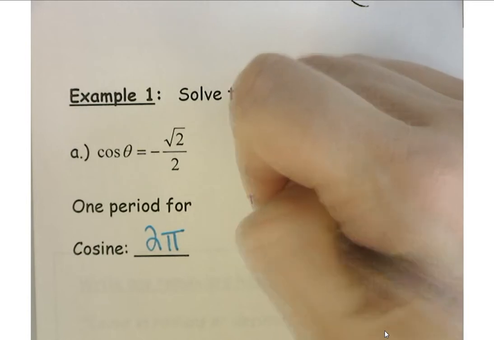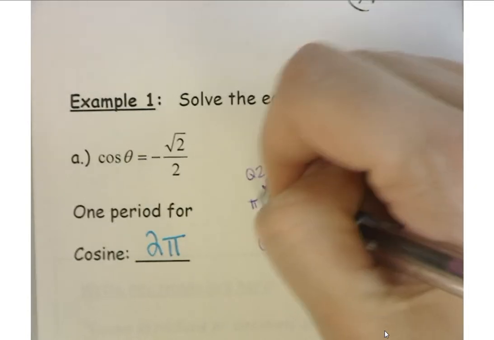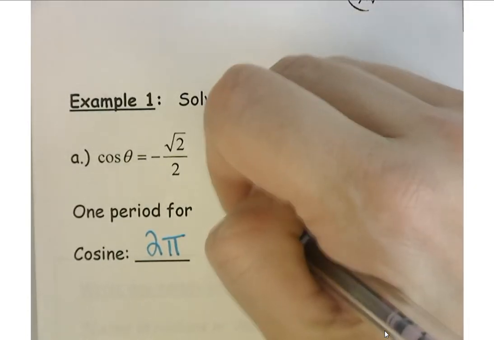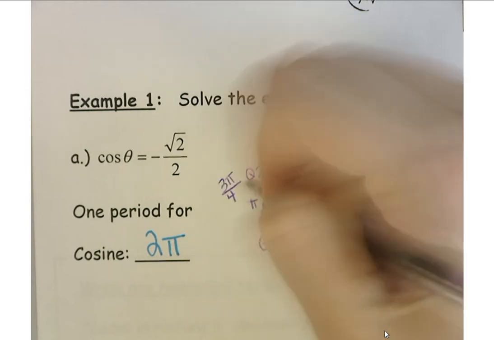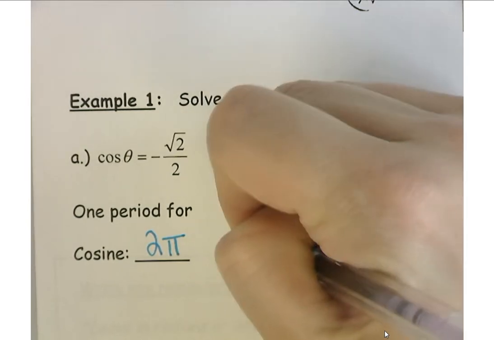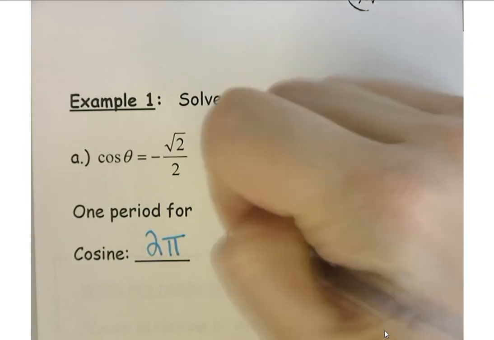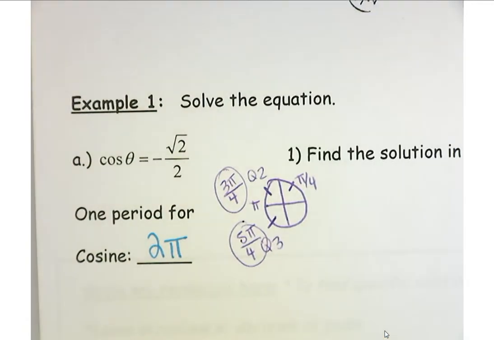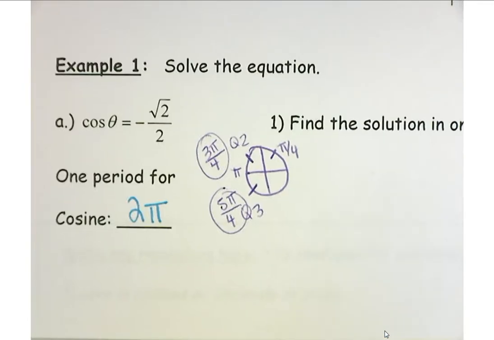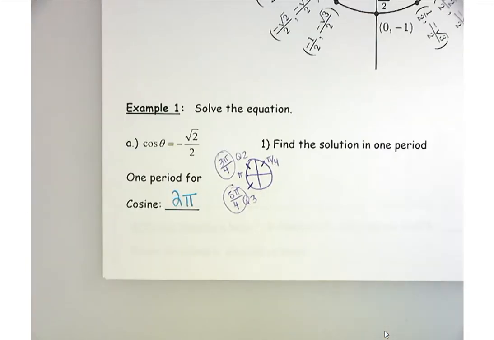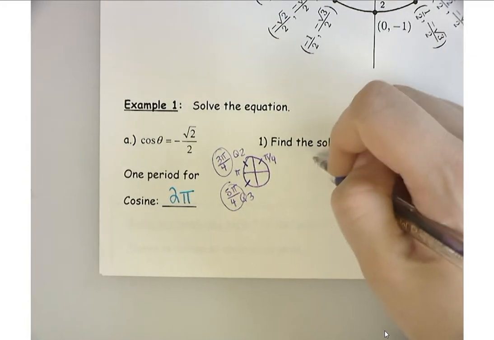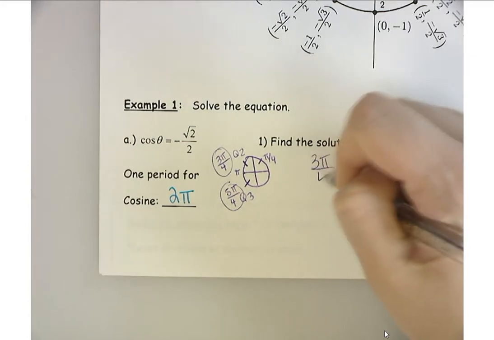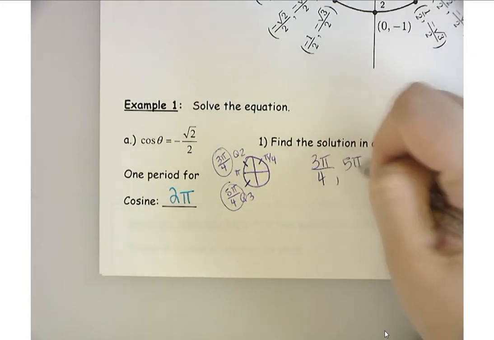Keep in mind this is pi, so if I go a quarter backwards, I would be at 3/4 pi, and if I go a quarter forwards, I would be at 5 pi over 4, or 5/4 pi. Right? So if I'm finding the solution just in 1 period, then the solution would be 3 pi over 4 and 5 pi over 4.